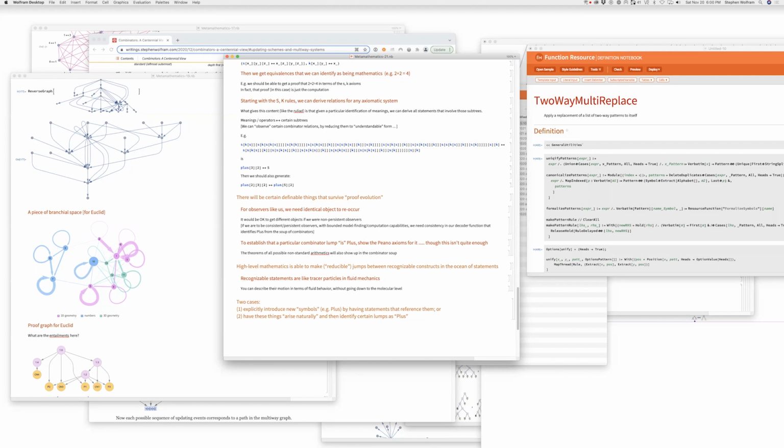There is some relativistic invariance in the sense that insofar as there's causal invariance, we can pick different foliations for current mathematics.